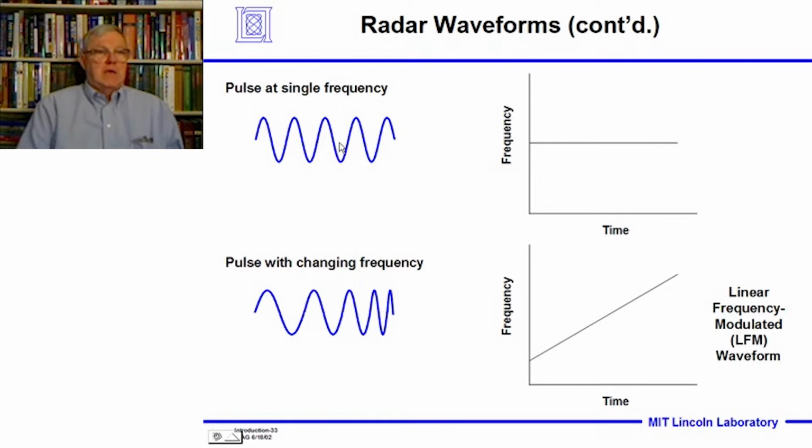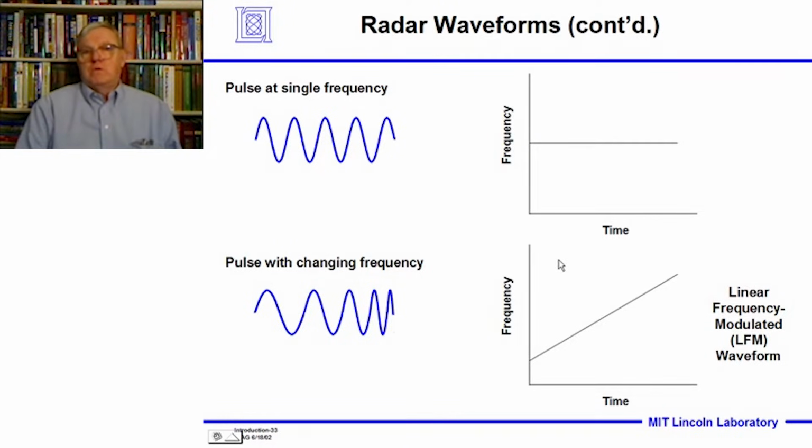And that's what we have up here, a pulse at a single frequency. And its envelope would be up, over, and then down. And if we drew the frequency of this pulse as a function of time, it would be constant.